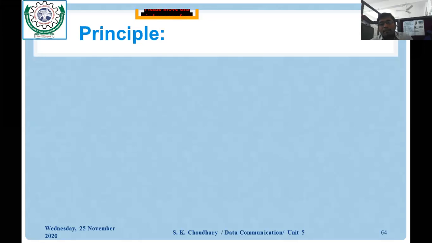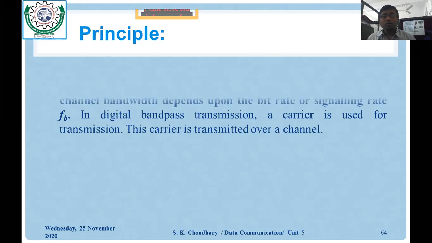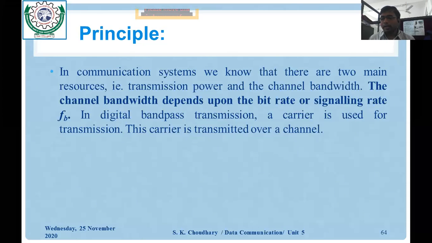So what is the basic principle used in QPSK signaling? First of all, in a communication system, there are two main resources: transmission power and channel bandwidth.